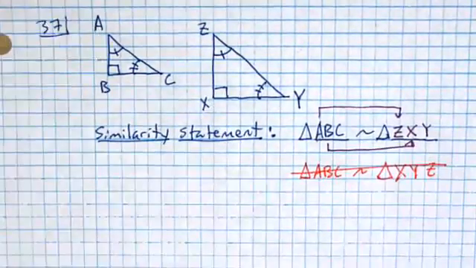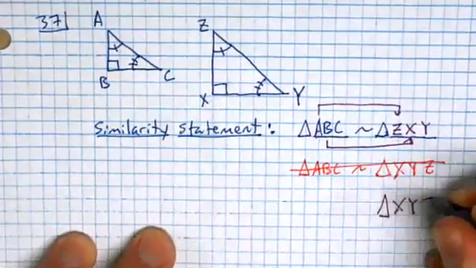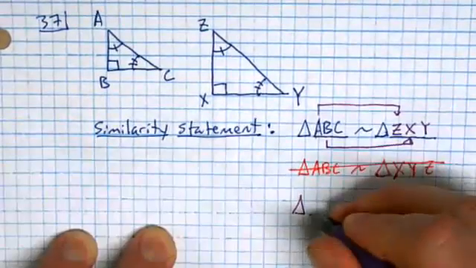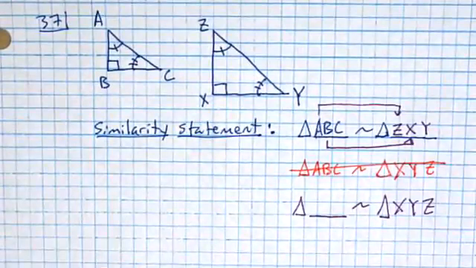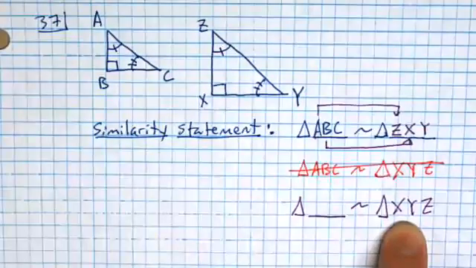However, I could write in a similarity statement that had X, Y, Z in it. I challenge you, don't shout out answers, let everybody get a chance to look. I challenge you to figure out what my first triangle would need to be called so that X, Y, Z would be correct for the second. So see if you can work that out and write it down on your own paper.